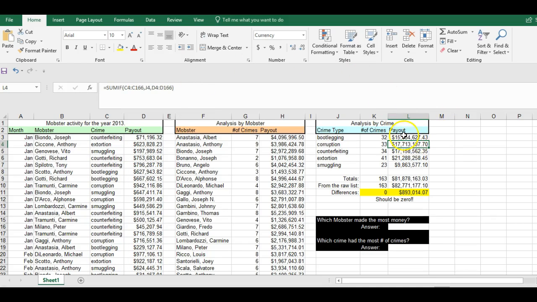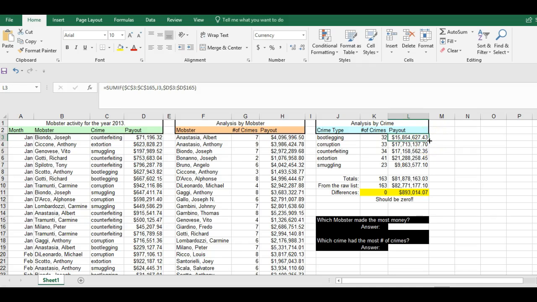Do you understand how these formulas are working? So what it's telling me right here, it says add everything from C3 to C165 if it is J3, and then calculate the total number of bootlegging amount that was paid out.